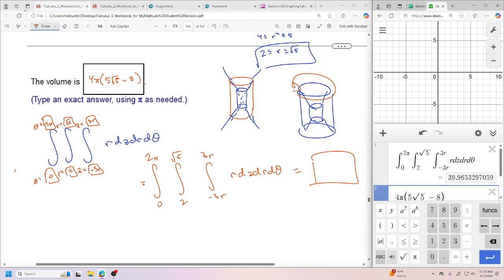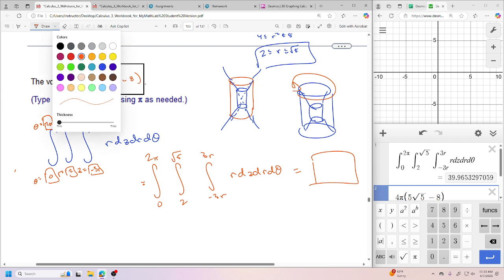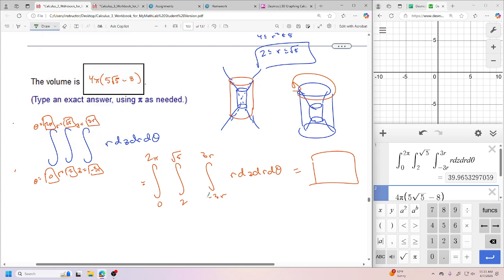Now, here's one other thing that I did that y'all didn't. Notice I had a 2 in the front. You see that? Because I know it's all symmetrical, what I could do is say 0 and put a 2 right there. I'm basically saying from here upward and then double it. So take half of it and double. You can't do that with the other ones, but you can do it with this one at least.